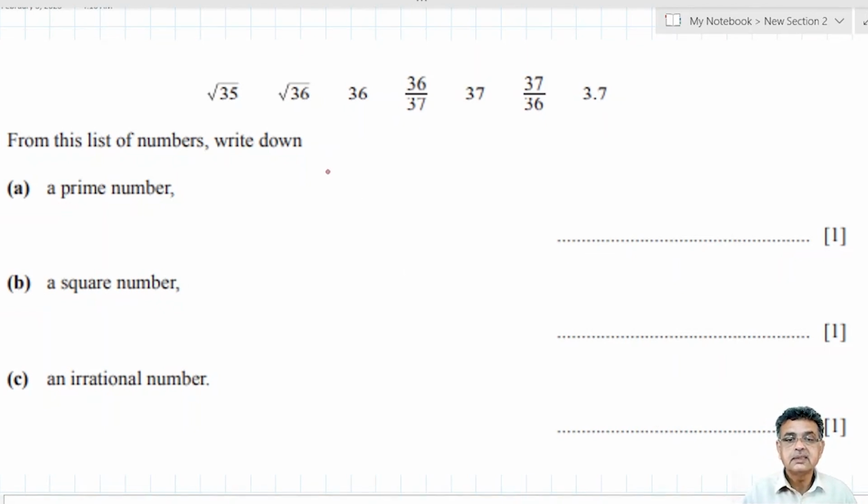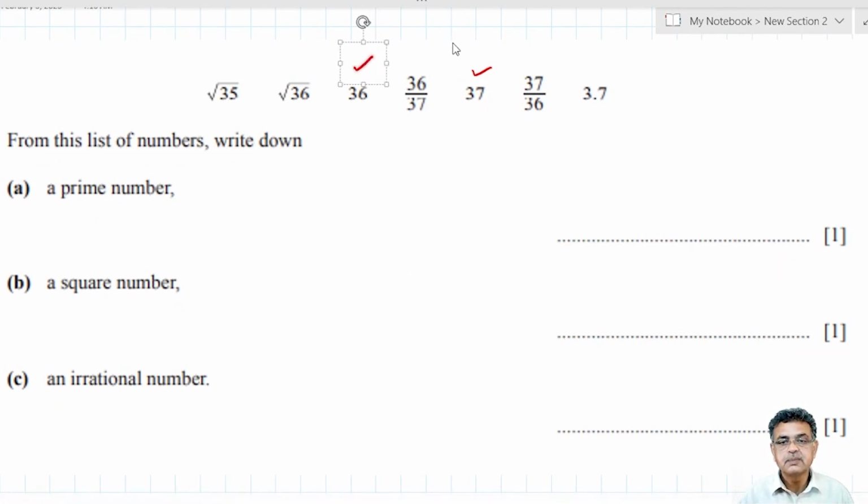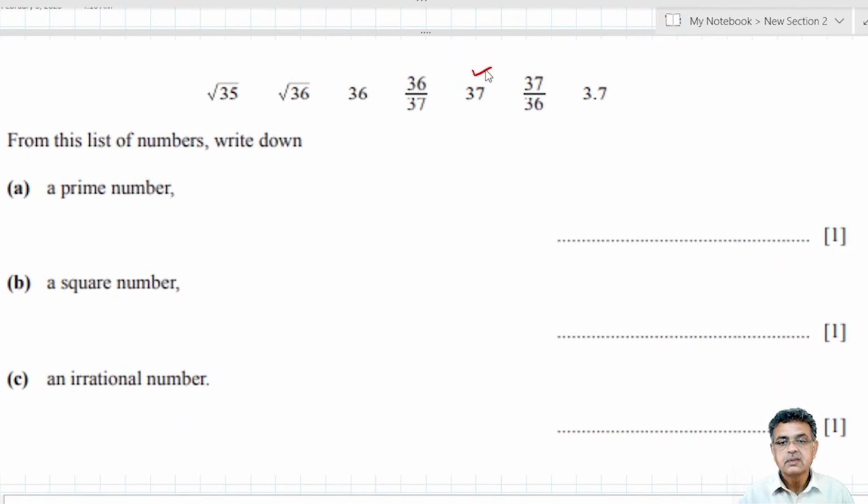Now the integers, there are only two integers, 36 and 37. So one out of these is prime. 36 is an even number, whereas prime numbers are never even other than 2.